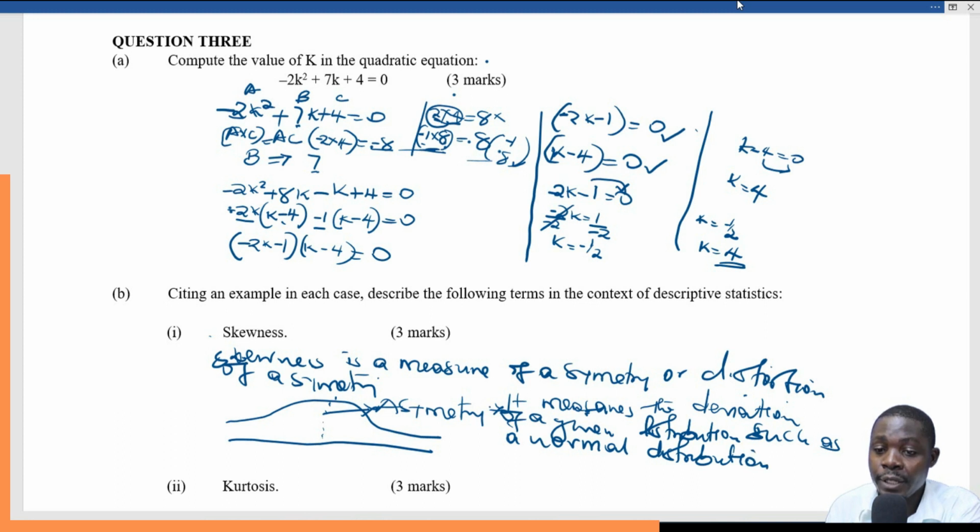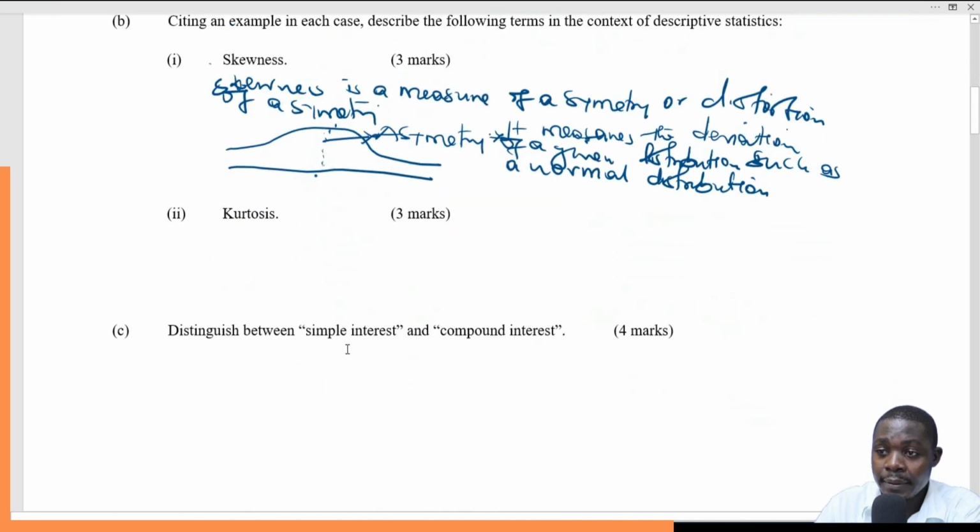Now, for example, for this particular one, this is a normal distribution whereby we have a line in between this particular data. Then we have kurtosis.